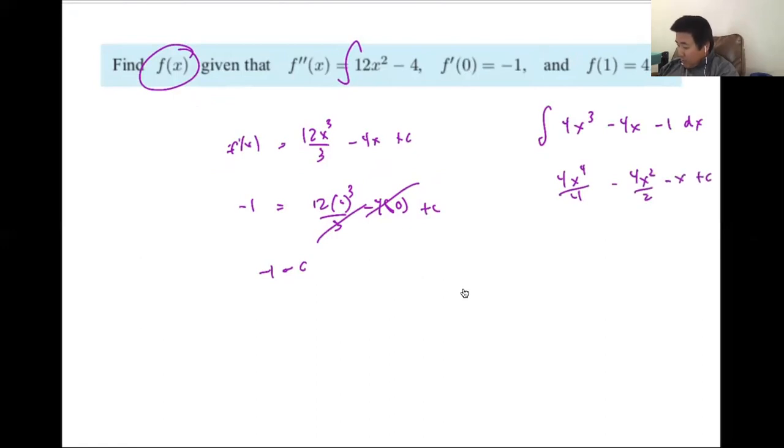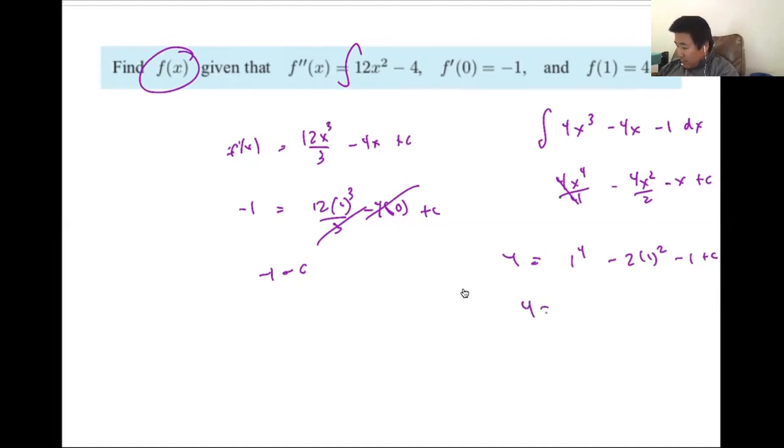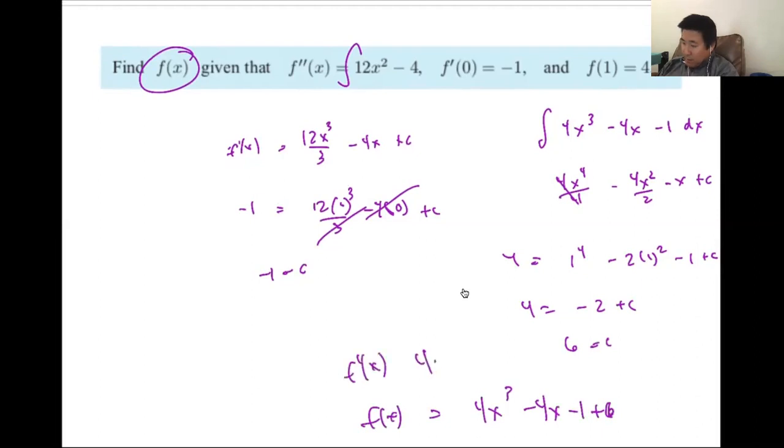Plug in 1, 4. So this is 1 to the fourth minus 2 times 1 squared minus 1 plus c equals 4. So 1 minus 2 minus 1 is negative 2 plus c equals 4, so c equals 6. Wow, that's a coincidence. So then x to the fourth minus 2x squared minus x plus 6 equals f of x. F prime of x equaled 4x cubed minus 4x minus 1.